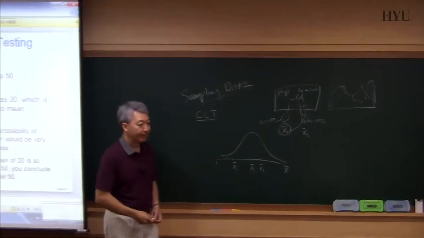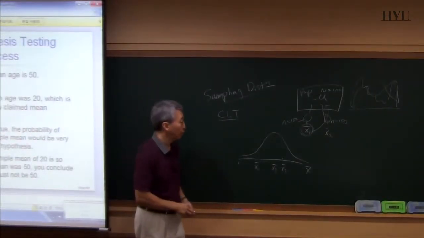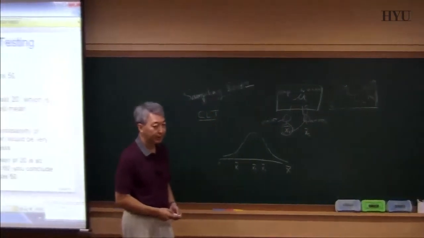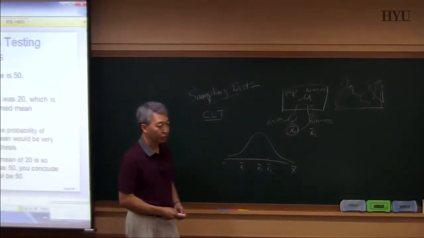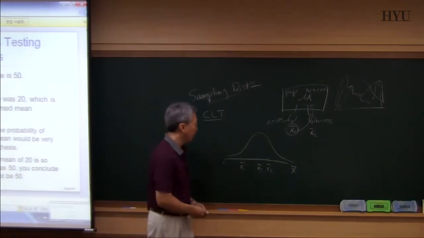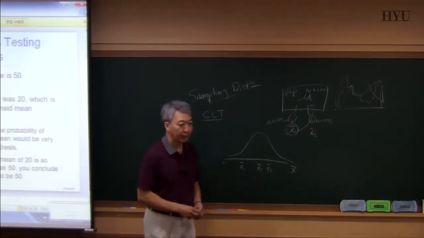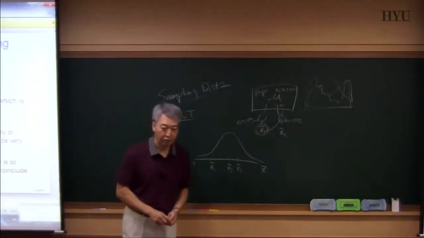So as long as you select a sufficiently large sample, we don't need to know the actual distribution of the population, because the sampling distribution can be assumed to be normal. All right, so when you have the normal distribution, we have many conveniences or advantages, because we know a lot about the normal distribution.